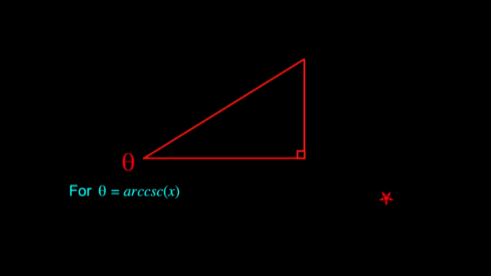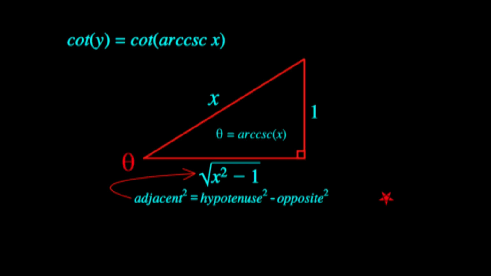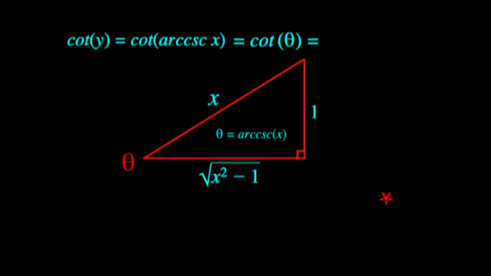Letting theta equal arc cosecant of x, we break down the argument of arc cosecant into a numerator and a denominator before assigning x as the hypotenuse and 1 as the length of the side opposite theta, in accordance with the definition of the cosecant function. Pythagorean theorem provides us with the remaining side, and we may now consider the value of the cotangent function in the context of this triangle.